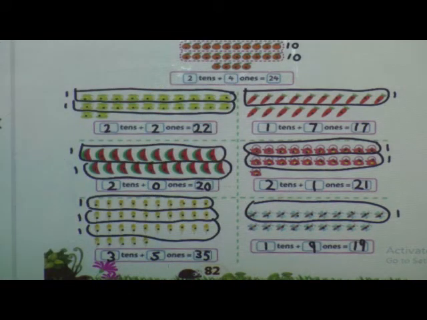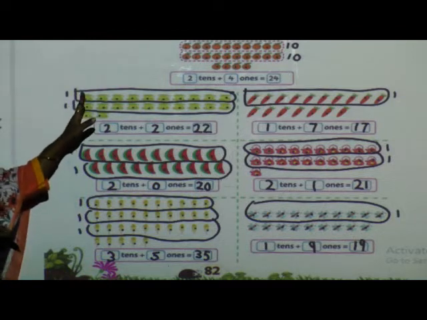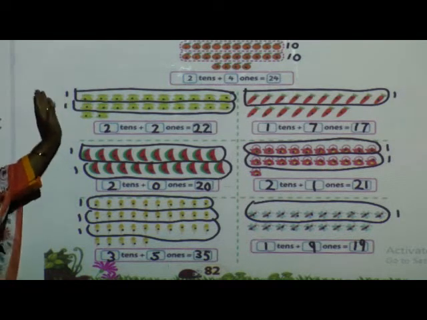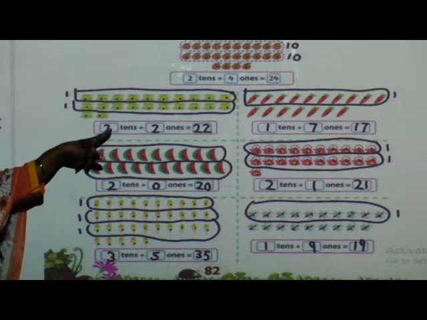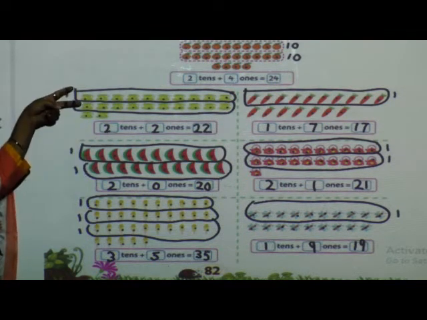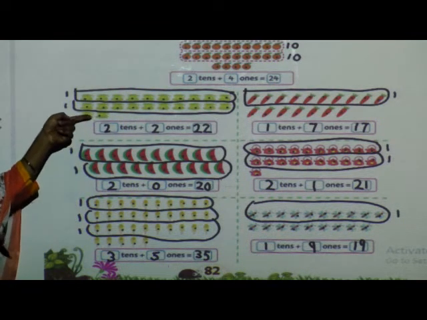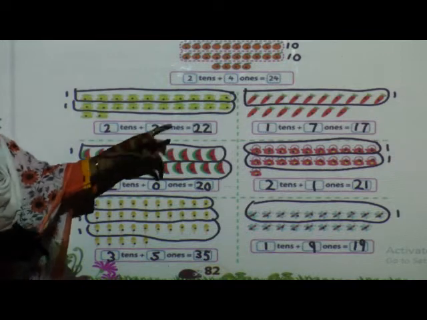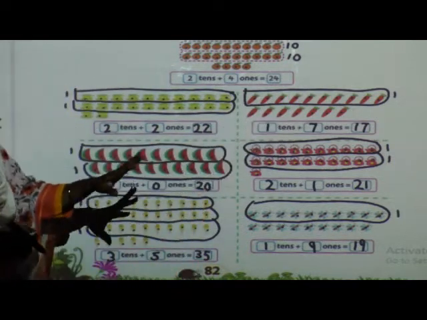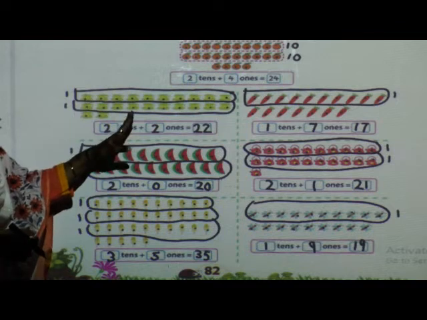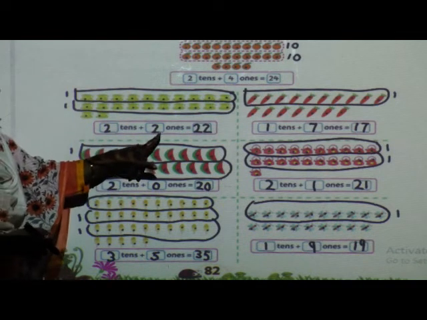Got it everybody? In this way we have to make a bundle of 10 and whatever remaining are there we have to count and write in the ones place. Where the bundles are there, how many bundles we have made, we have to count and write in the place of tens. 2 bundles means it comes in tens, and where there is no bundle, we count and write that number in ones.